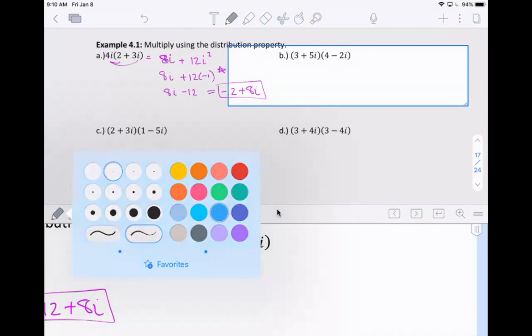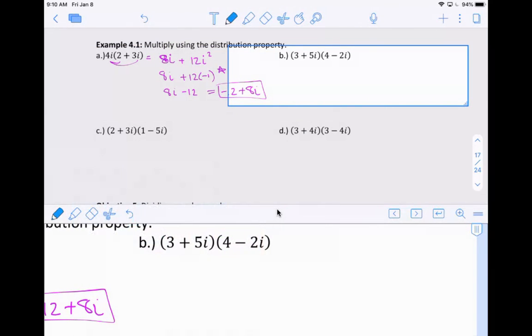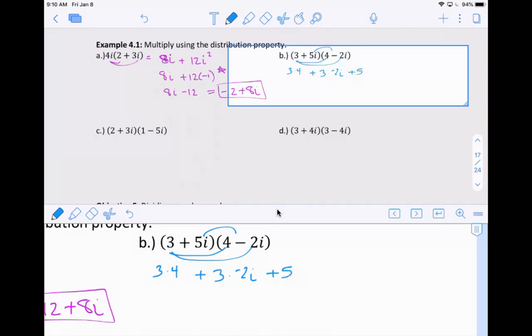I'm going to use blue. This one I can look at as binomial times a binomial, so I'm just going to do 3 times 4 and 3 times negative 2i. I'm going to do 5i times 4 and the 5i times the negative 2i. So again, each paired up. I have 2 terms and 2 terms, so I get 4 combinations, right?